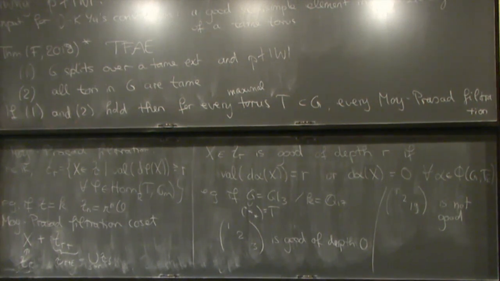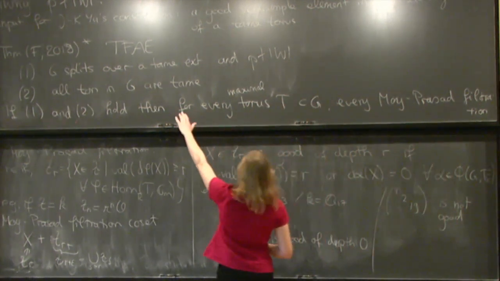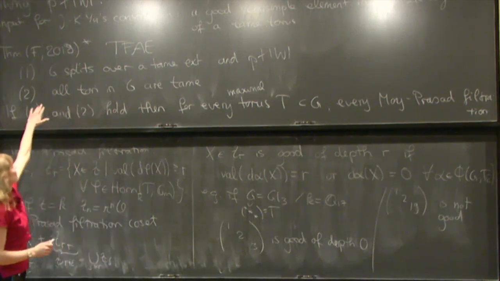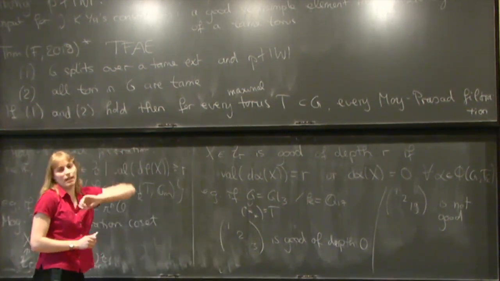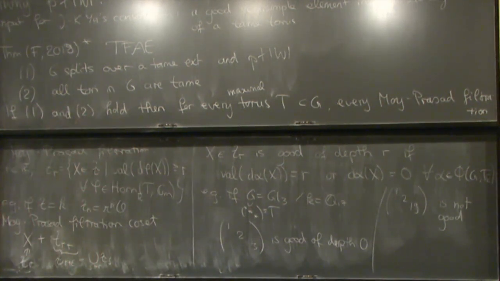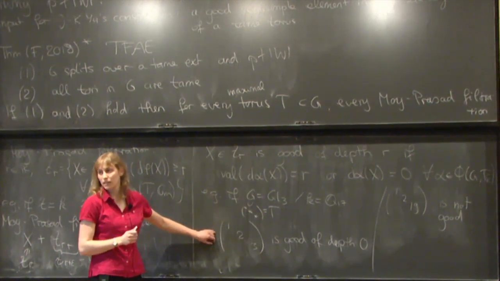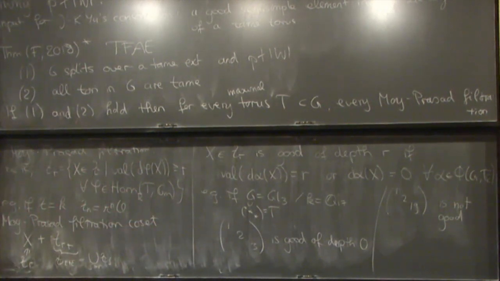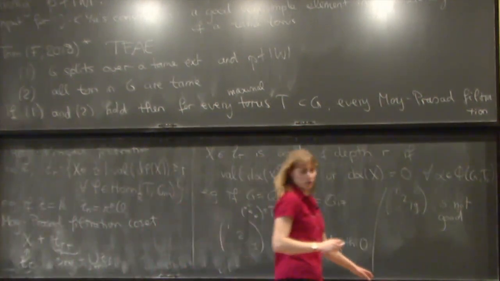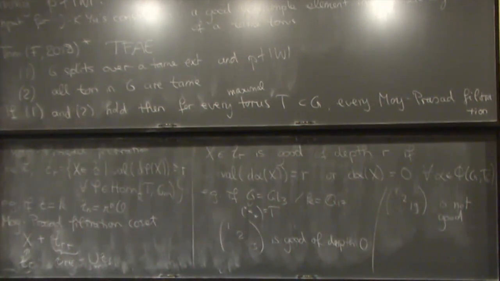And I claim that whatever group you start with, as long as it splits over a tame extension, so p doesn't divide the order of the Weyl group, for every Moy-Prasad filtration coset that you like to consider, you can always find such a nice element, such a good semi-simple element. It's an easy exercise for GLn and the eigenvalues, but it gets more complicated in more complicated situations.